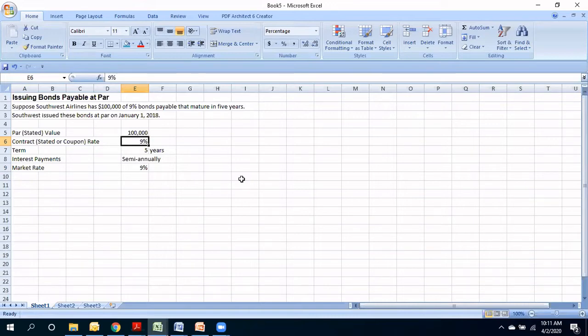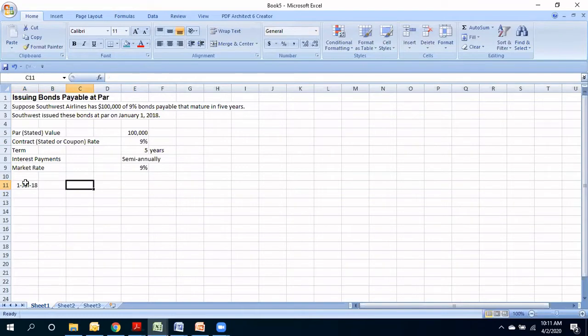So the bonds are issued on January 1st, and the problem tells us that interest payments occur each January 1st and July 1st. If the bonds are issued on January 1st of 2018, the first interest payment is going to be July 1st of 2018.